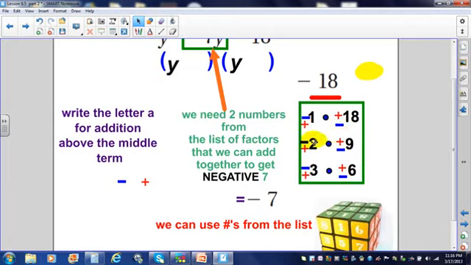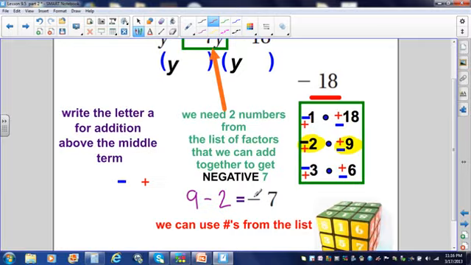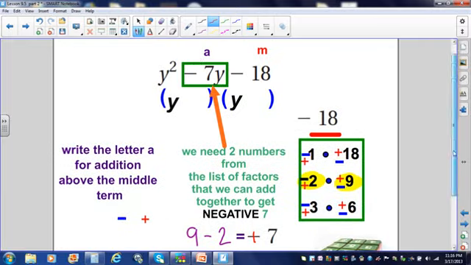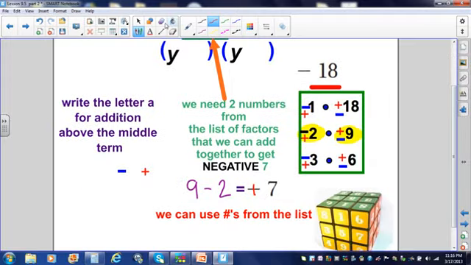Well, I know that 9 minus 2 gives me 7. So I'm on the right track. But that gives me a positive 7, and I need a negative 7. So maybe if I move some signs around, I'll come up with the possible combination.